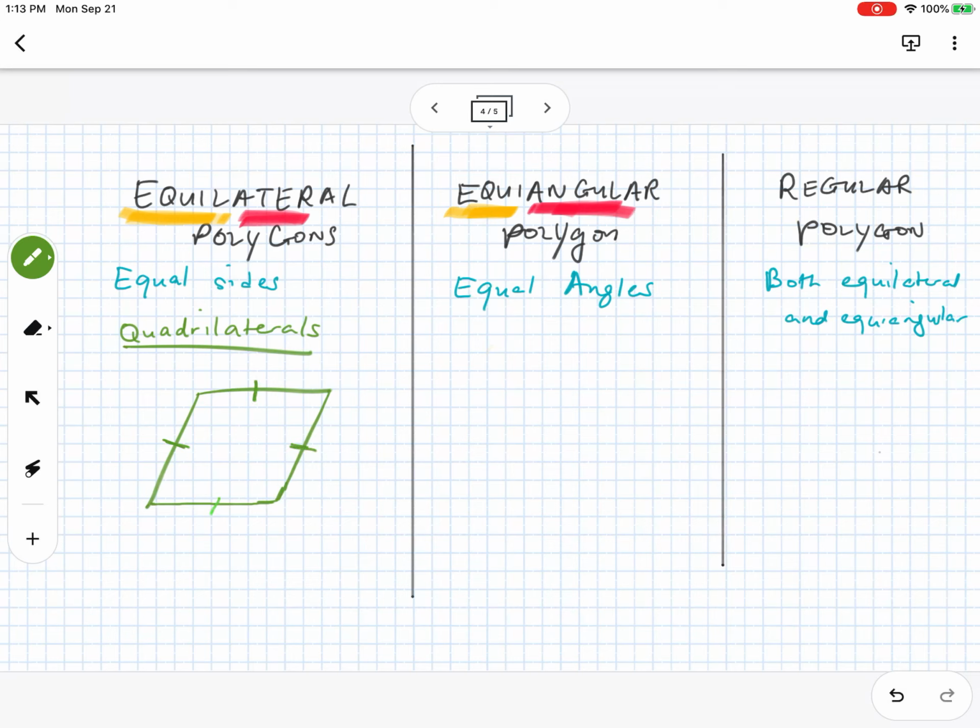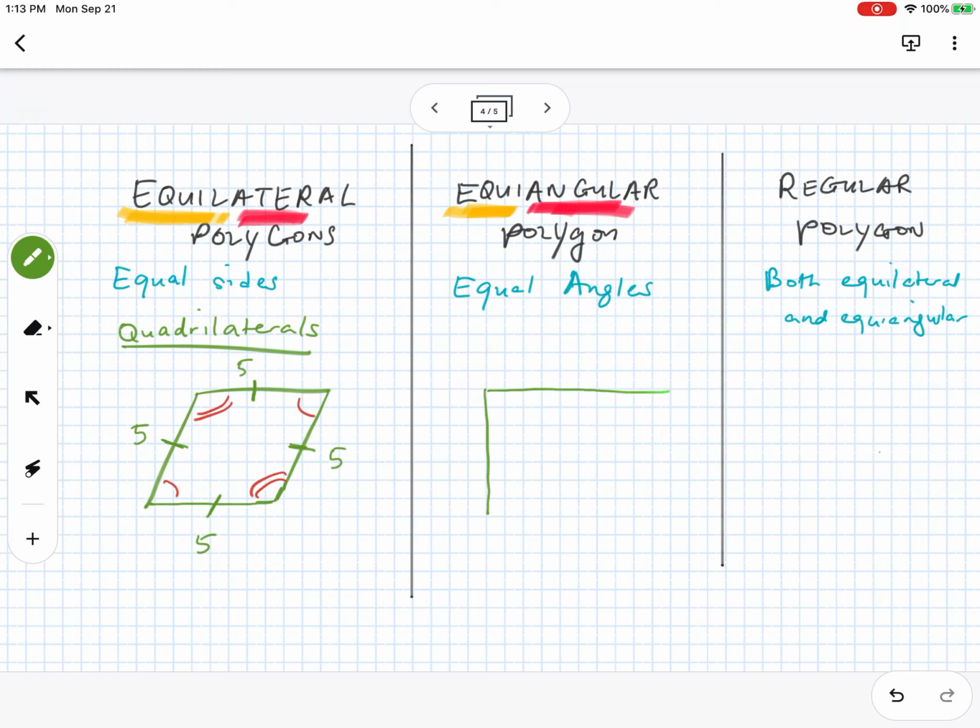Okay, now a rhombus has four sides that are the same. Okay, so for example, 5 centimeters, 5 centimeters, 5 centimeters, and 5 centimeters. However, notice their angles are different. So these two are the same, and these two are the same, but not all four angles are the same. Here's an example of an equilateral polygon.